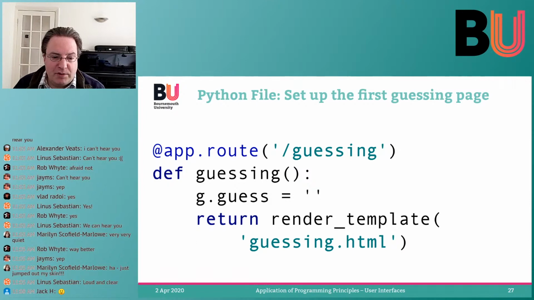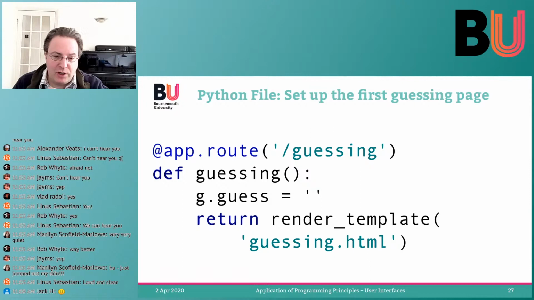So in this particular function, what we see here is that we have a global state. So we have this G, and then in that G we have this guess attribute that we set to empty. So we say, okay, before guessing we don't have a guess. And then we do this render template.